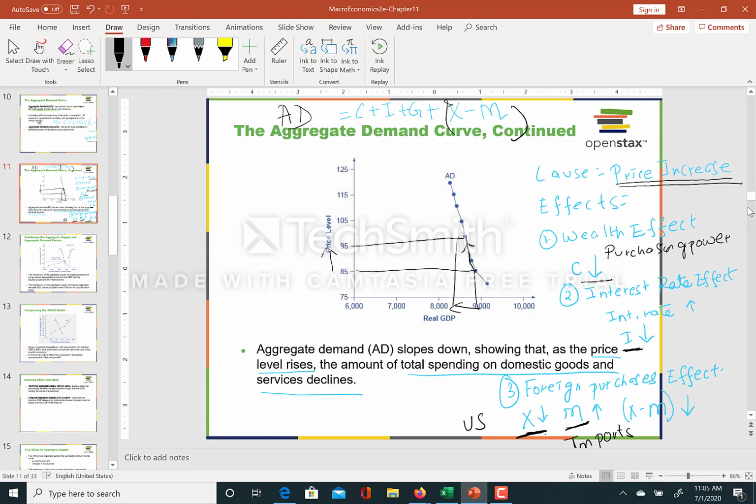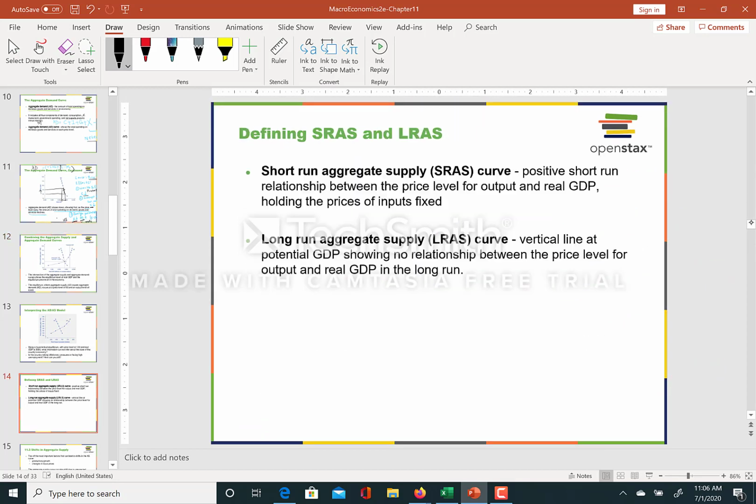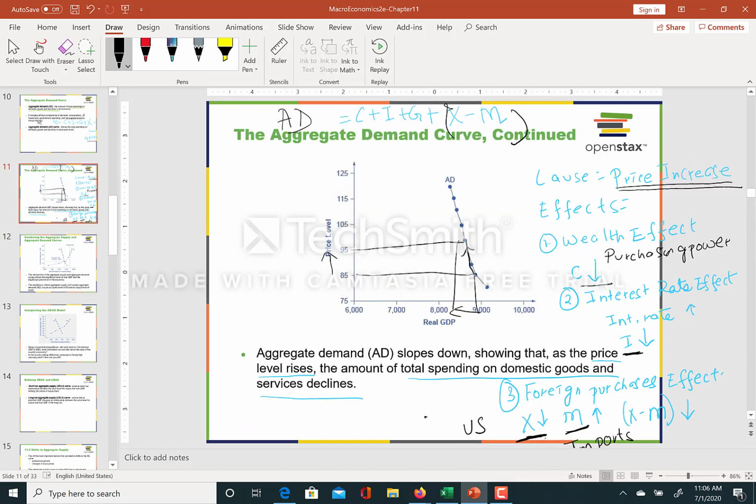Exports go down, imports go up, and this X minus M is called net exports. This is going to go down because of US exports going down and US imports going up.